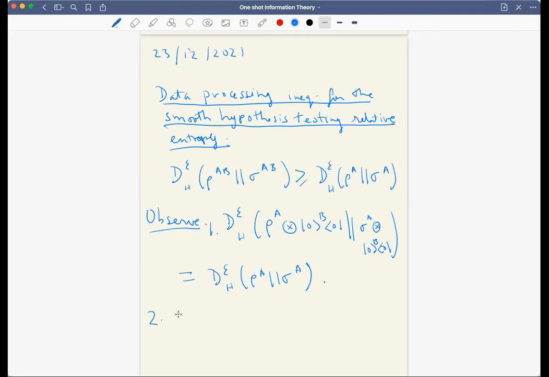And again, easy to see that unitaries change nothing. So if I do a unitary on the state rho A, so this is U_A inverse, the same unitary I do on sigma A. So you can easily see that this is the same as D epsilon H of rho A with respect to sigma A. Okay.